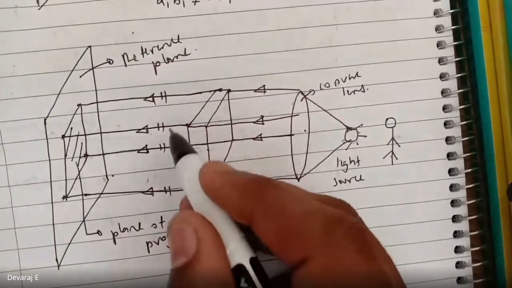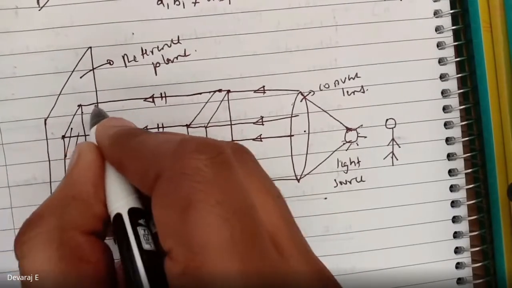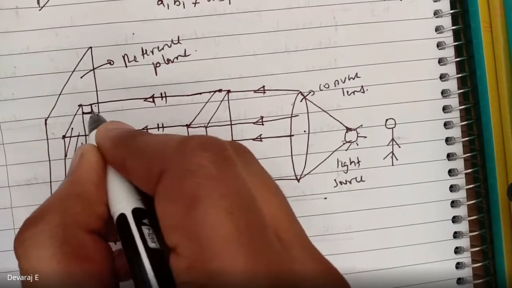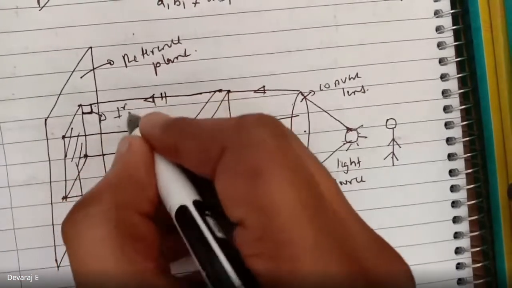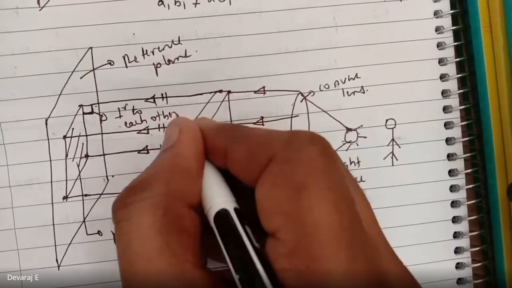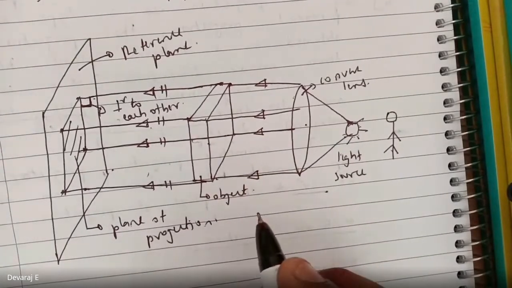The projectors are parallel to each other. And if you measure the angle between the projectors and the plane of projection, it will be perpendicular. So everyone is clear with this? Does anyone have any doubts?